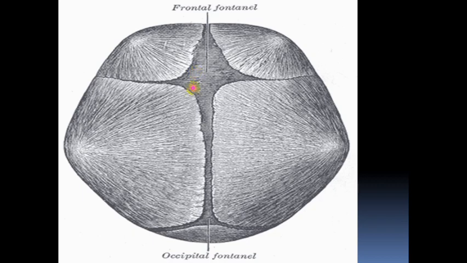We can also assess the intracranial pressure, because if it is bulging, it indicates an increase in the intracranial pressure. Sometimes cerebrospinal fluid can be drained from this anterior fontanelle, especially if the patient has hydrocephalus during labor. This is the importance of the anterior fontanelle.